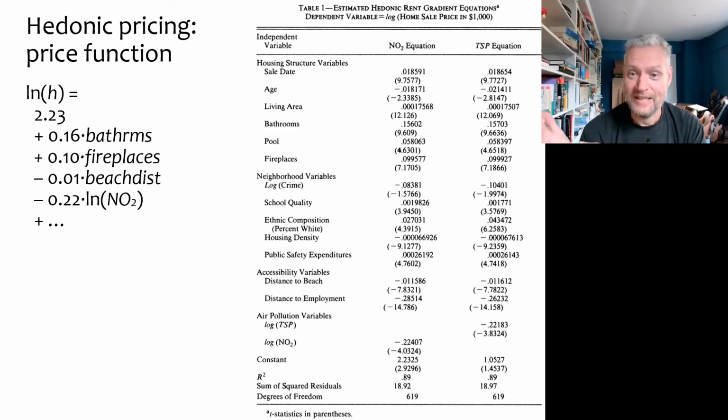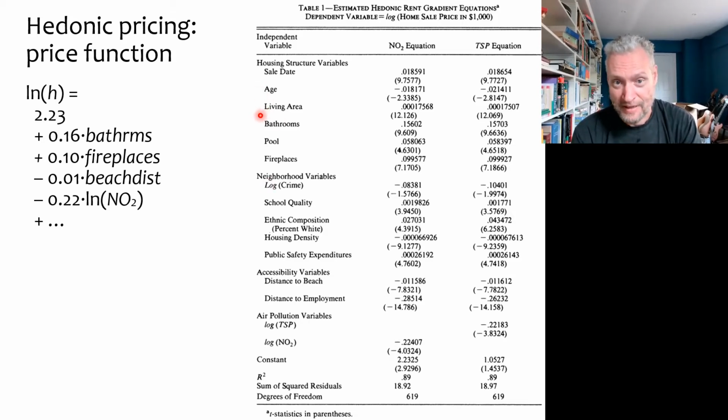And then on the right-hand side, you have all the things that you think might matter. The age of the house, the area of the house, the bathroom, does it have a pool? Only probably in California or something. Number of fireplaces, so this is a pretty rich neighborhood.